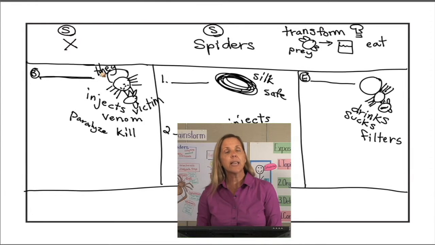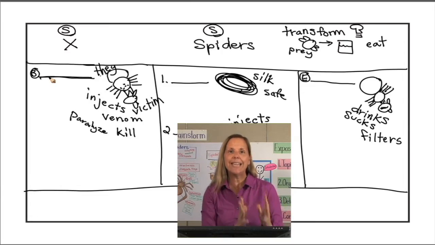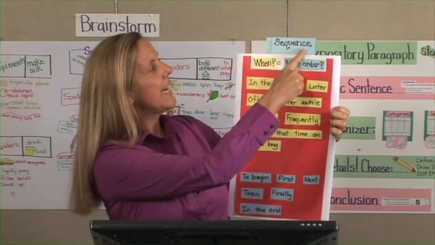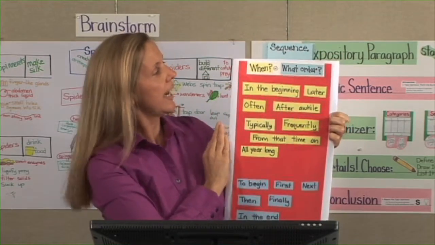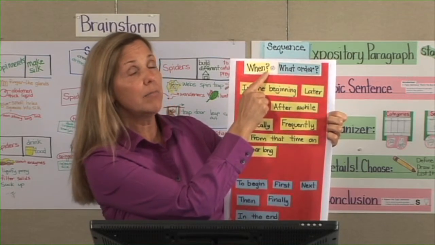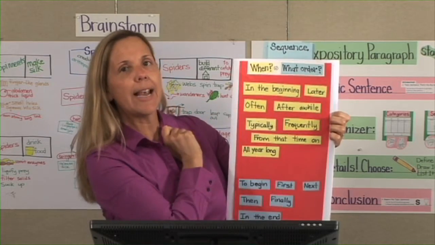After I say that sentence, then I can decide: do I need a transition, a word to begin that sentence? Let's go to our transitions. I have sequence transitions, only those up here for the children to see. When we say a sequence, it could be when something is happening, more like time, or what order it is happening.